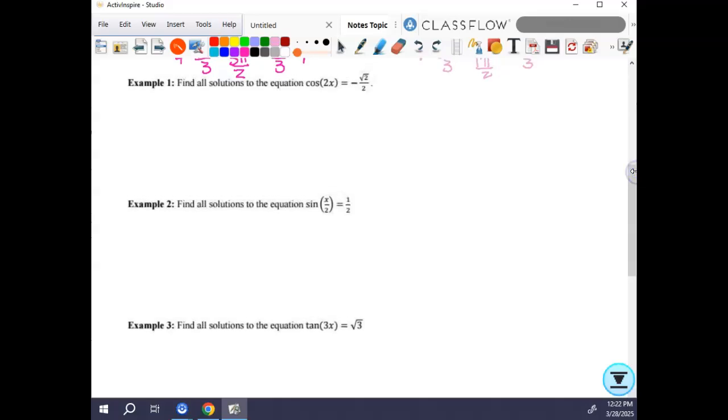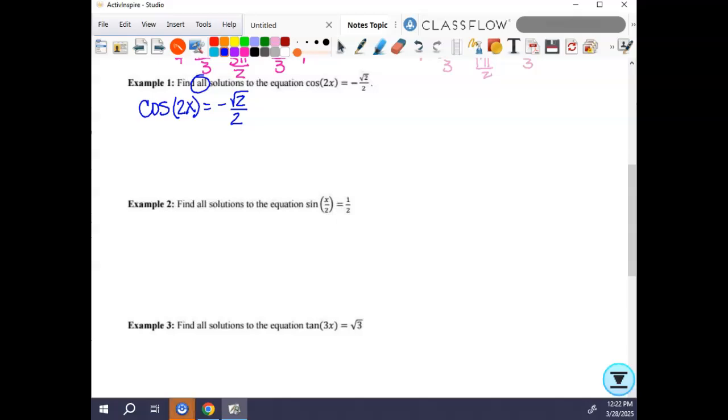We're going to start with, and so it says find all the solutions, and it does say all, so it means we're going to have that infinite thing going on. Let's just go ahead and rewrite it. Cosine of 2x equals negative square root of 2 over 2. The difference between this and what we've been doing the last couple of days is this says 2x instead of just x.